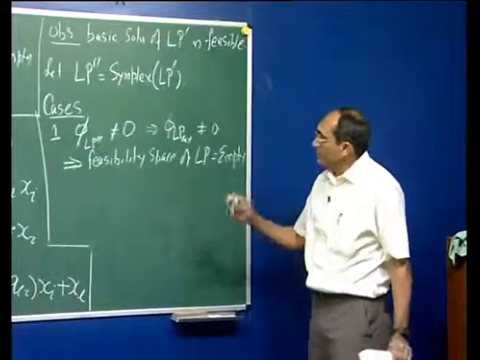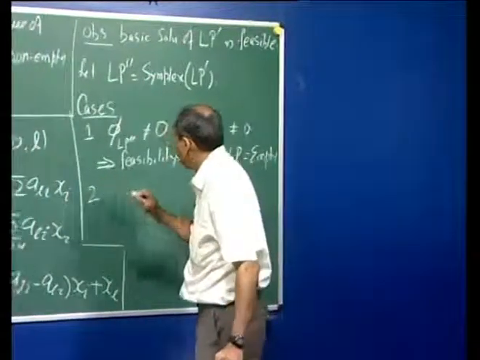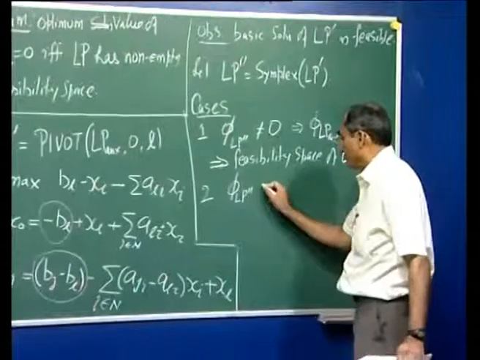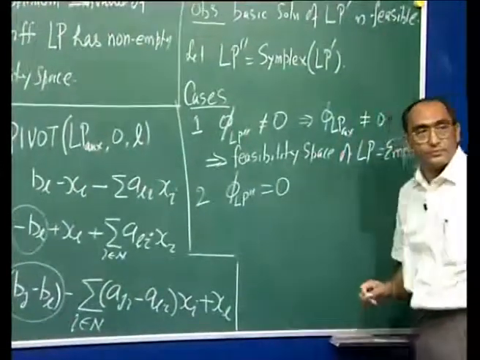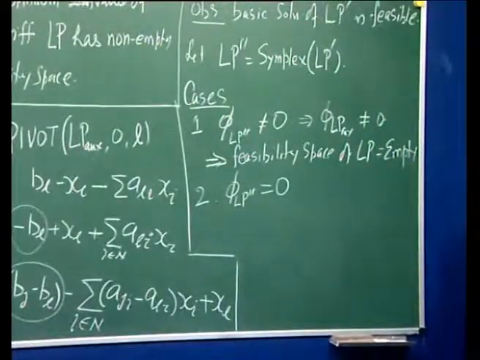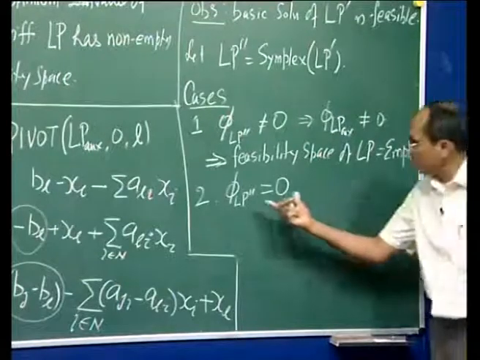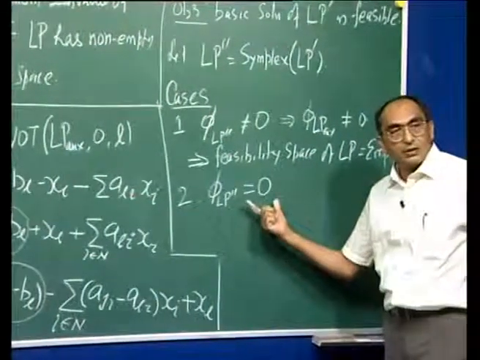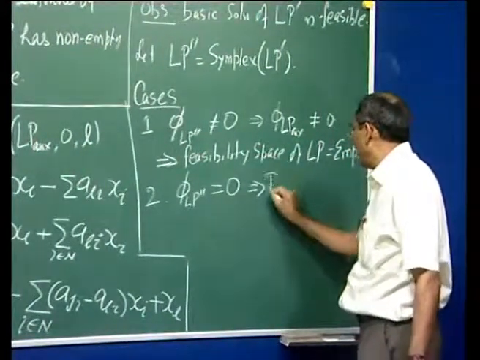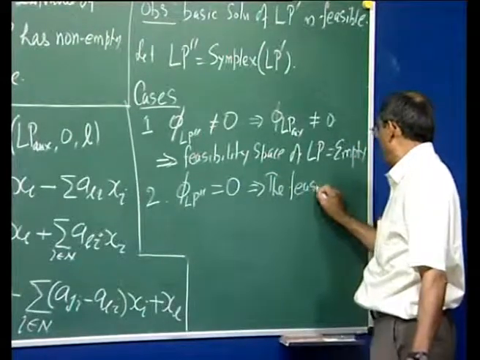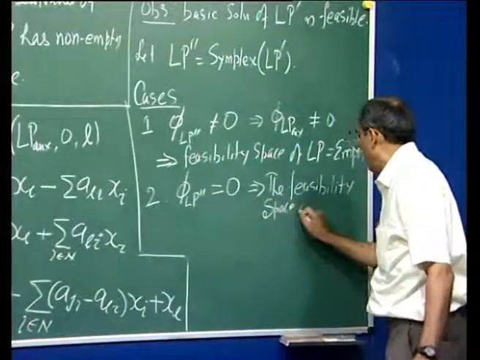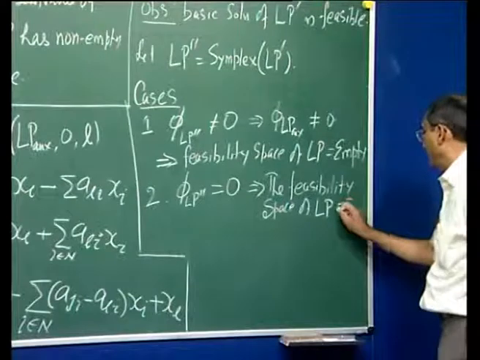So now the second case is when the optimum value of the auxiliary program is indeed 0. That is, the object function evaluates to 0. Now, in this case, we know that our original LP, the feasibility space of original LP is not empty.